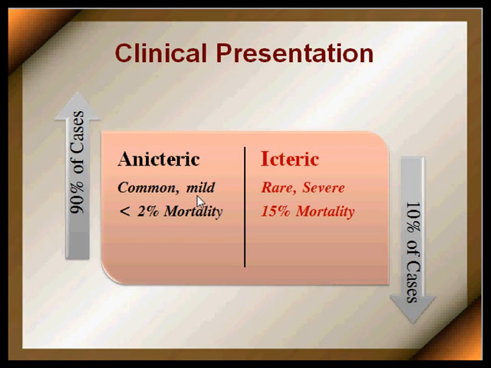It is common, it is mild, and the mortality is less than 2%. Only 5 to 10% of the cases are icteric, or Weil syndrome. Fortunately, it is rare. Some of these cases may become very severe, and then mortality to the tune of 5 to 15% can occur.